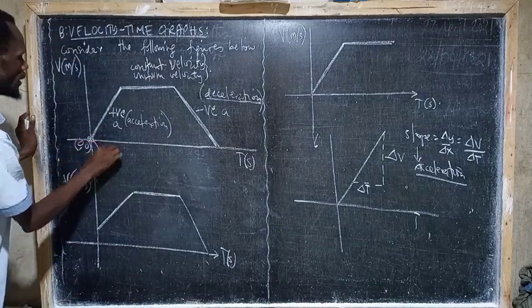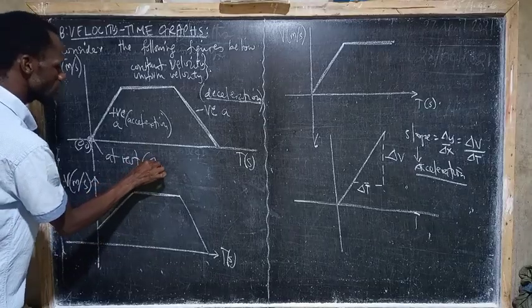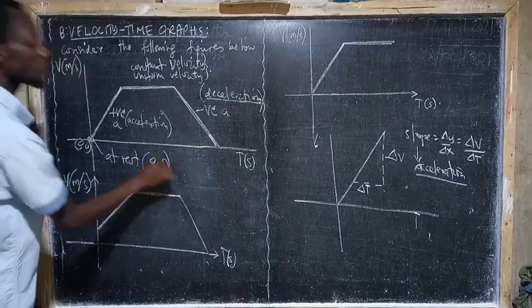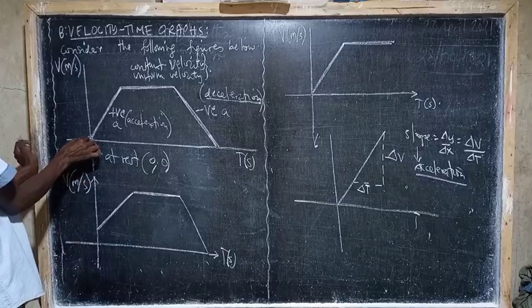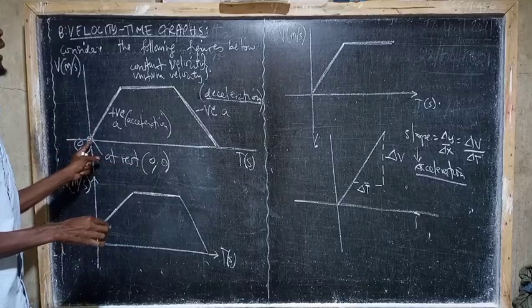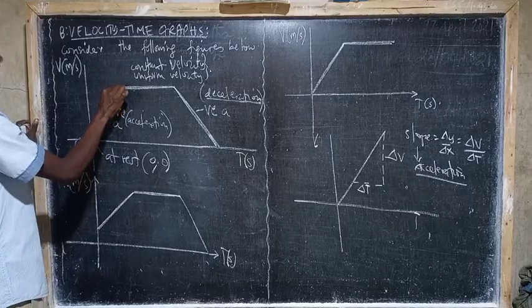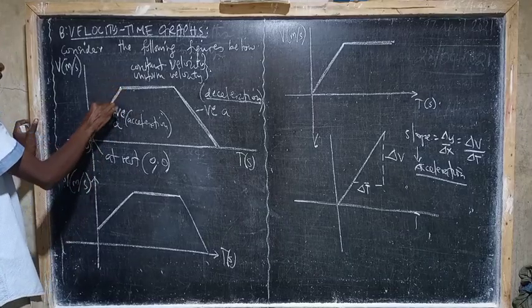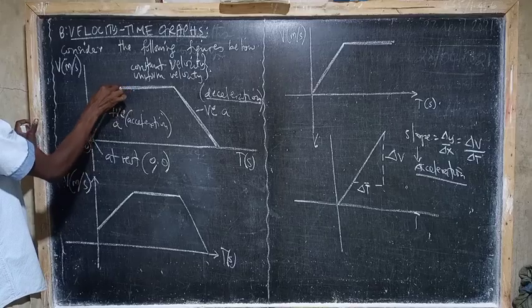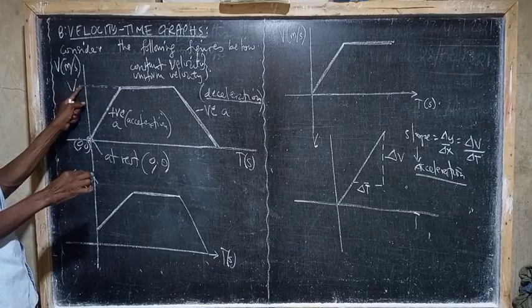Kwa hiyo hapa ni at rest, means velocity is 0 and time was 0. The body starts at rest, manake ilianza kwenye 0, then accelerated to a certain velocity with a certain acceleration, ilifika kwenye velocity fulani. This is the velocity ambayo ilikuwa tense.